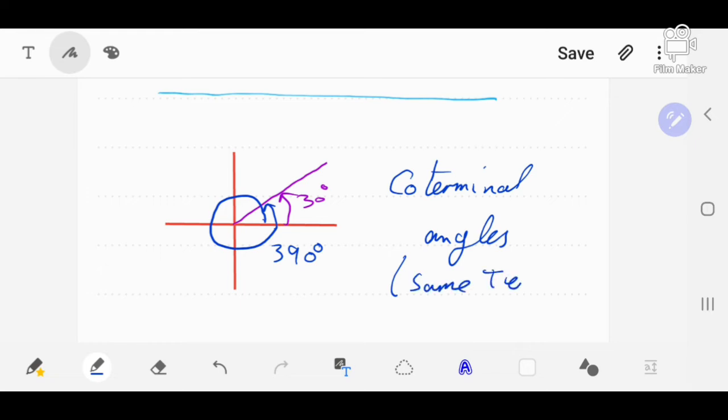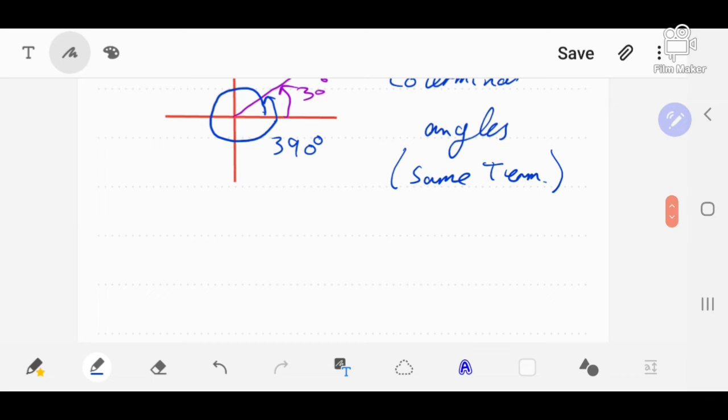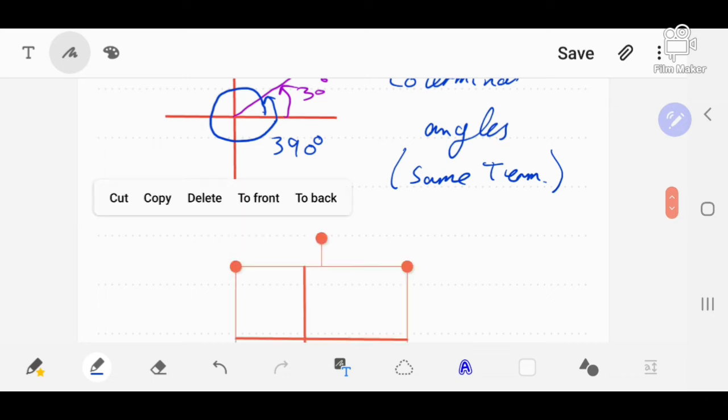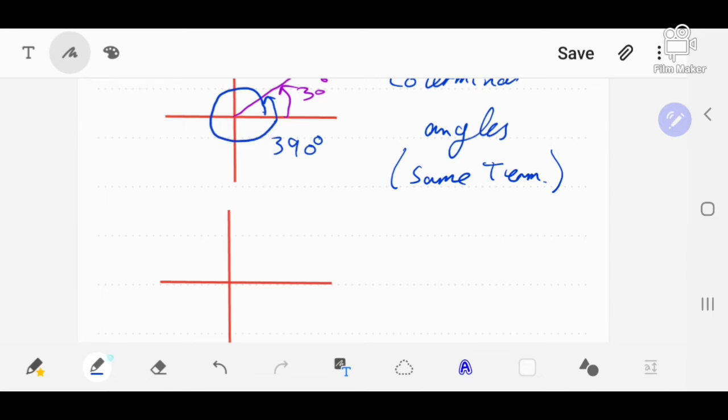Let's have a look at another angle. Let's draw the 30 again and see, can we have another coterminal with 30? Let's go a full circle, 360.